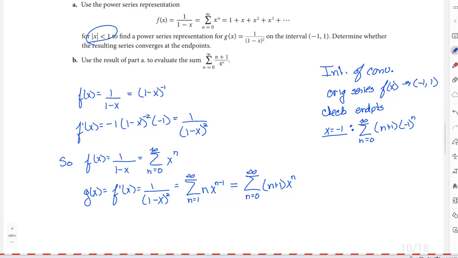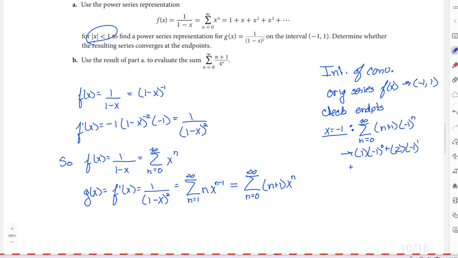If we think about what happens as n goes to infinity, this thing is going to diverge. And I can see that by just looking at a few terms. When I plug in 0, I'm going to get 1 times negative 1 to the 0. When I plug in 1, I'm going to have 2 times negative 1 to the first.